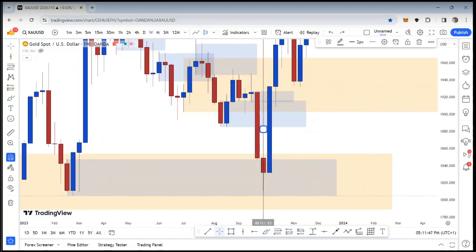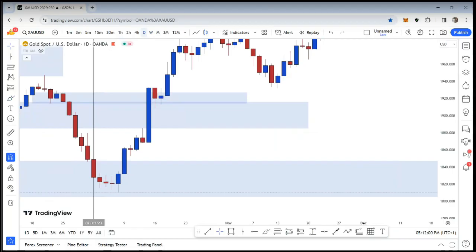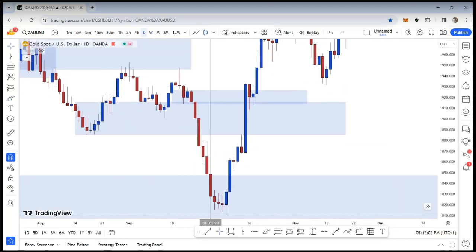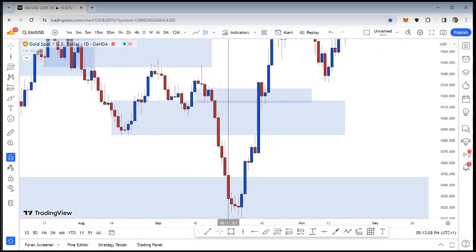if we put a line on the first closure of price when price tapped that zone, and we go back to the daily. Now, according to the law of structures, what structure can you see on the daily time frame? Is it a bullish structure or a bearish structure?